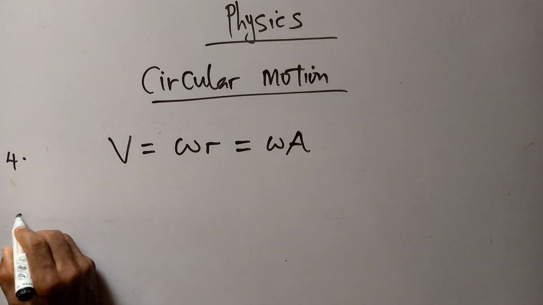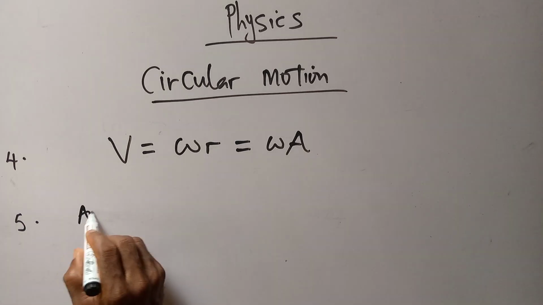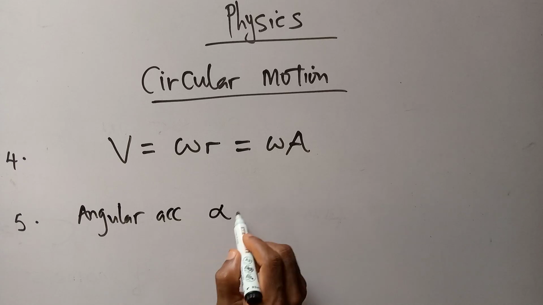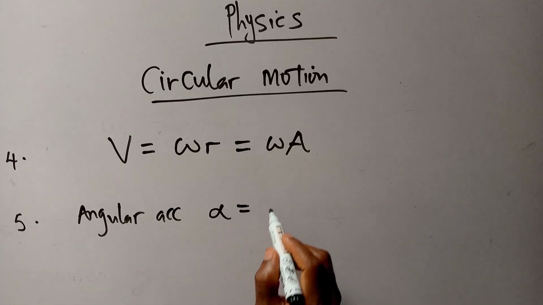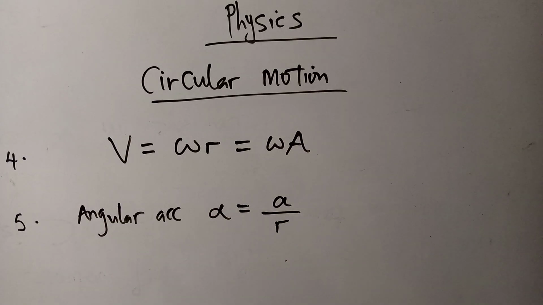Again, we have another formula, which is angular acceleration. Angular acceleration is given by linear acceleration divided by the radius of the circular path.